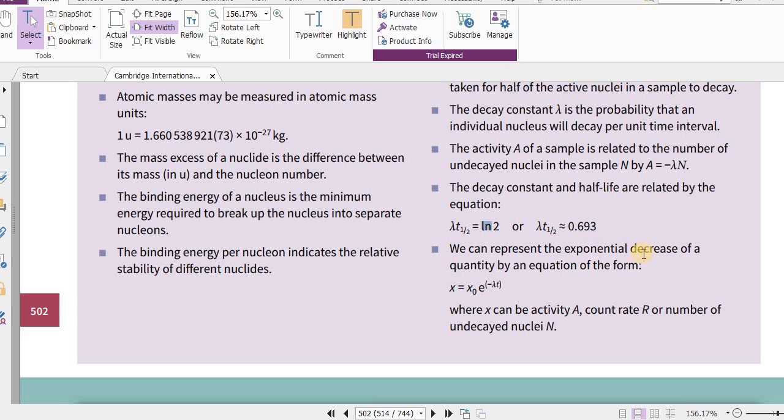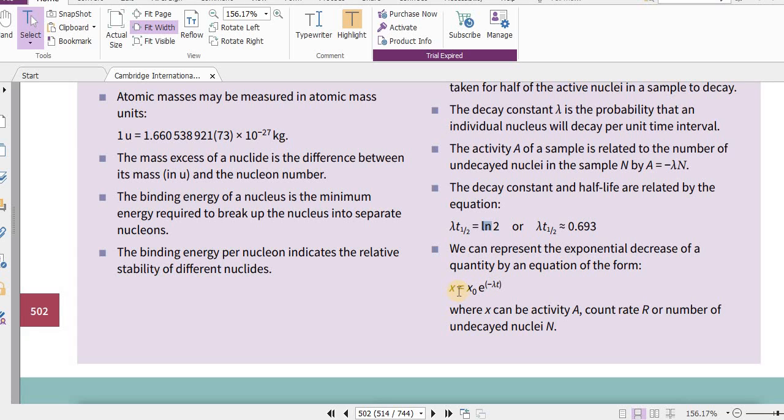We can represent the exponential decrease of a quantity by an equation of this form. If you plot a graph of x versus t, it will be an exponential decay curve. That means x is decreasing with time, where x can be activity, count rate, or number of undecayed nuclei. So instead of x you can write A, where A is the activity, A naught will be the initial activity, and A will be the activity after time t.